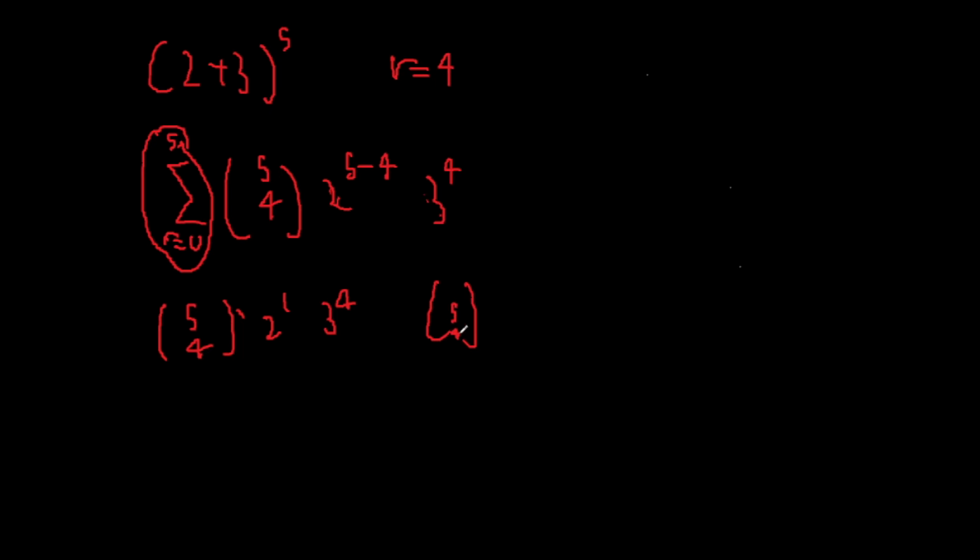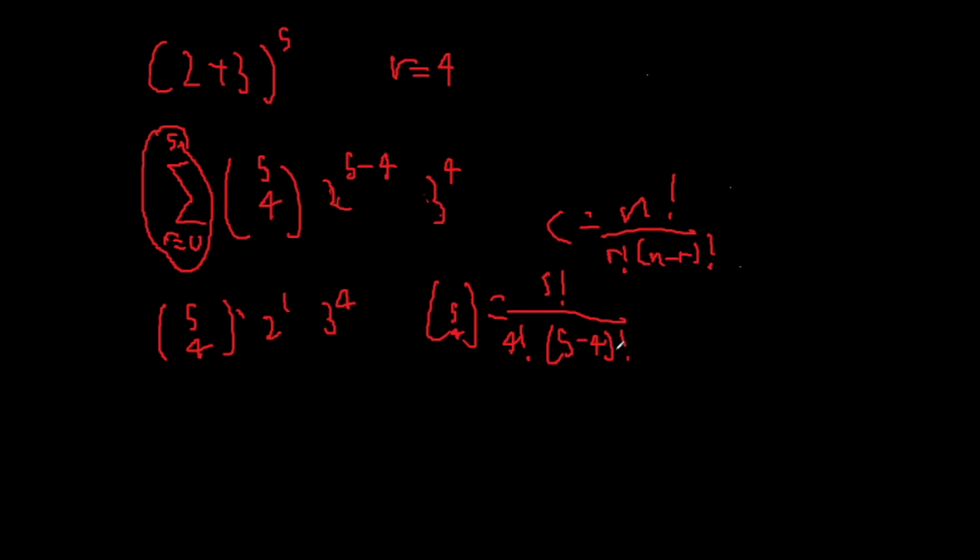So let's write now what 5 choose 4 is. Well, from the choose formula, which we had before, which is n factorial over r factorial times n minus r factorial, we can say that this is 5 factorial over 4 factorial times 5 minus 4 factorial, which is 1 factorial, and 1 factorial is just 1, so you have 5 factorial over 4 factorial.